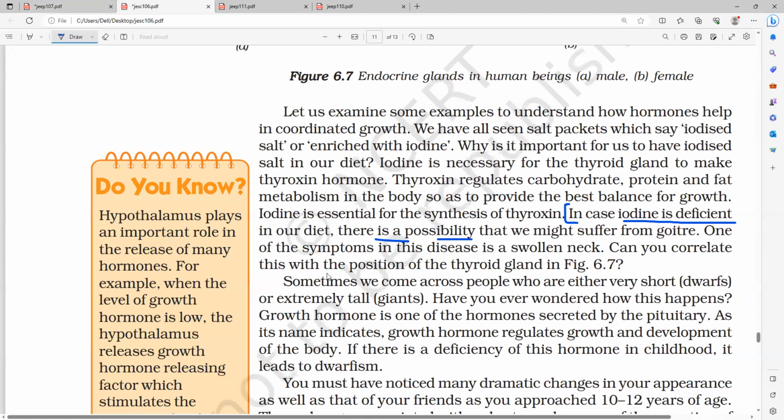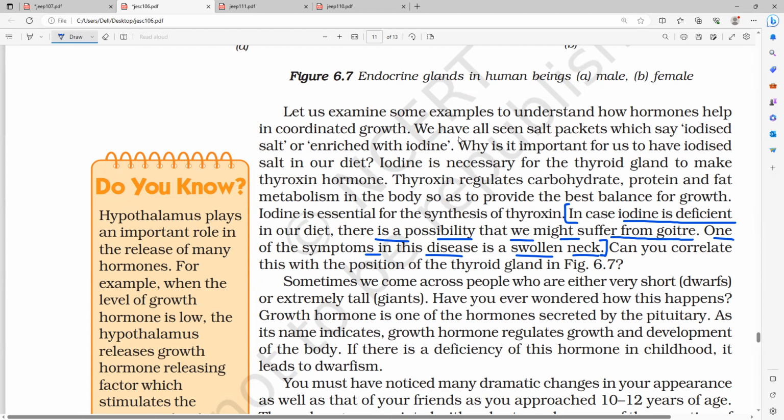There is a possibility that we might suffer from goiter. One of the symptoms of this disease is a swollen neck. This is the problem when our food does not have a sufficient amount of iodine. So please write it.